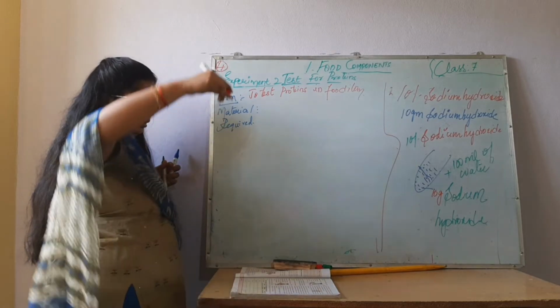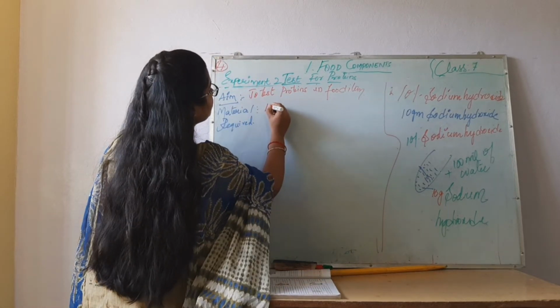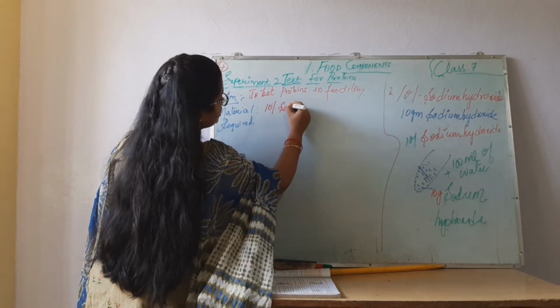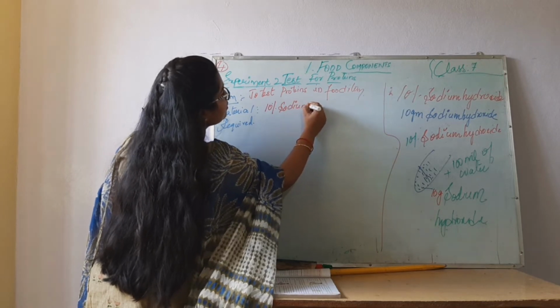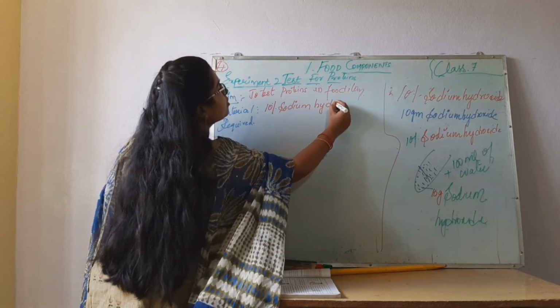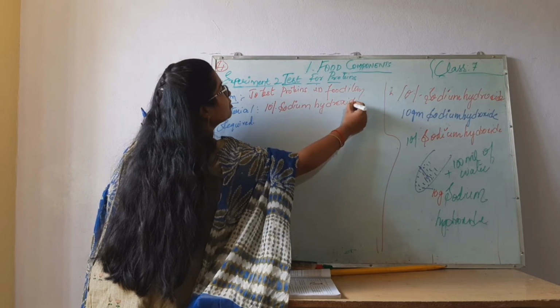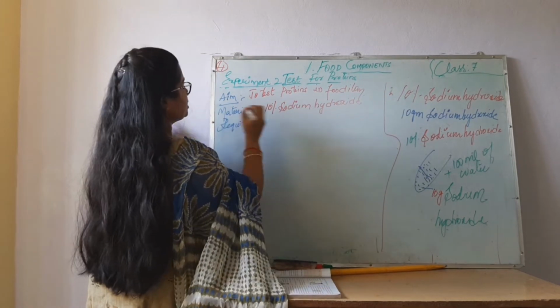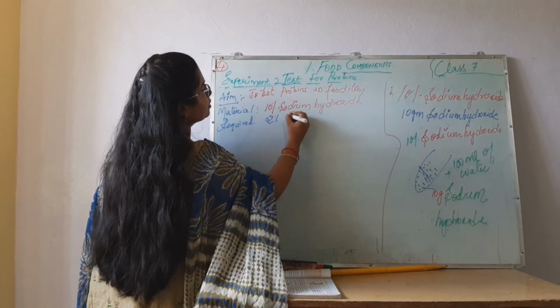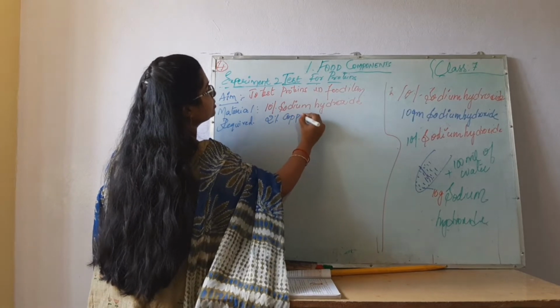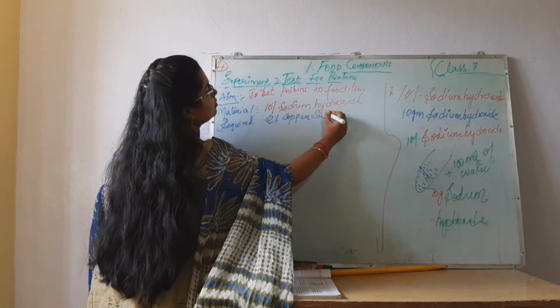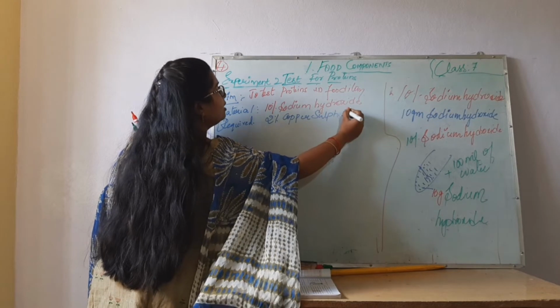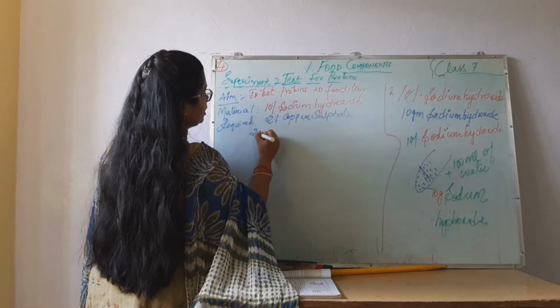It requires 10% sodium hydroxide, 2% copper sulfate, and the food item, whatever you like.